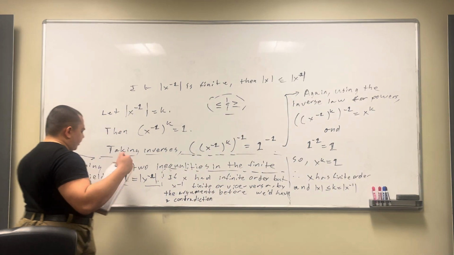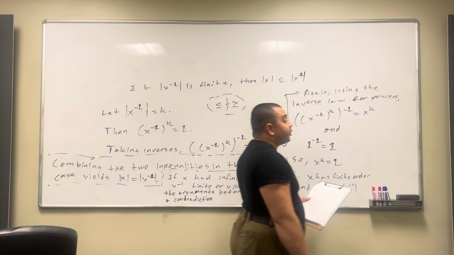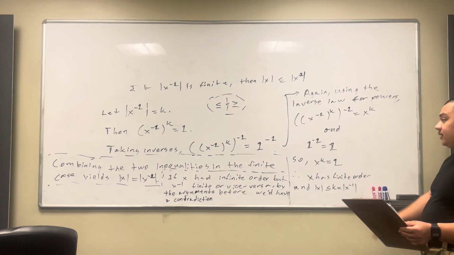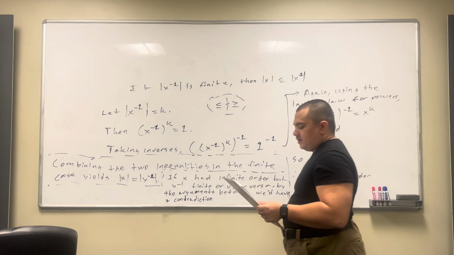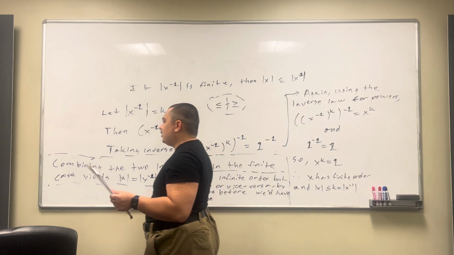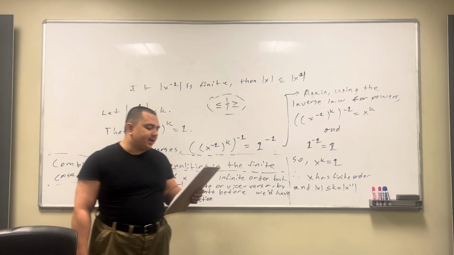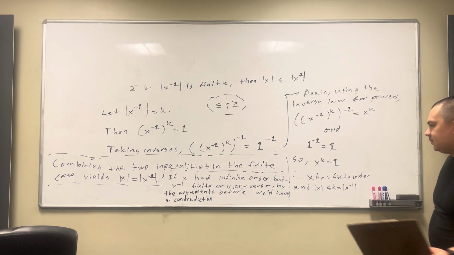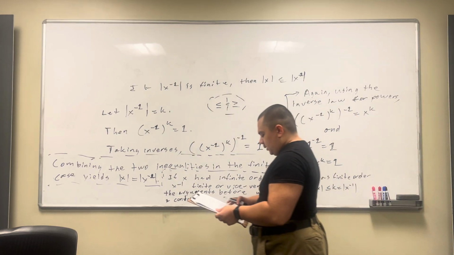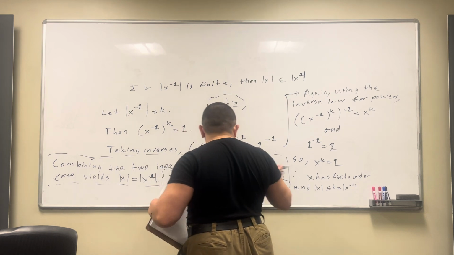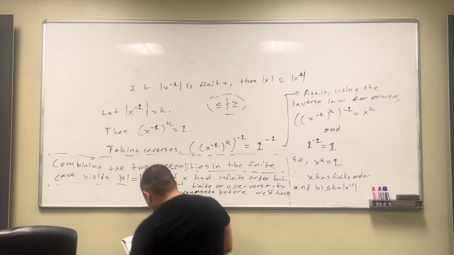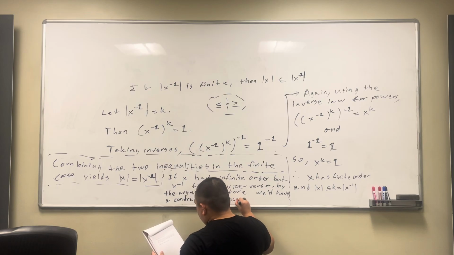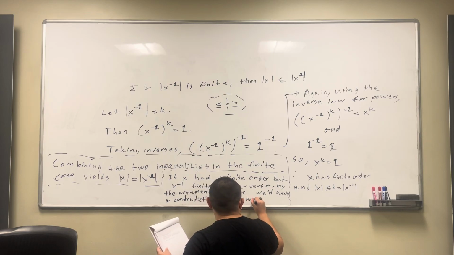So the order of x is the least n within the positive integers such that x to the power n equals 1. So we have a contradiction. Hence, x has infinite order.